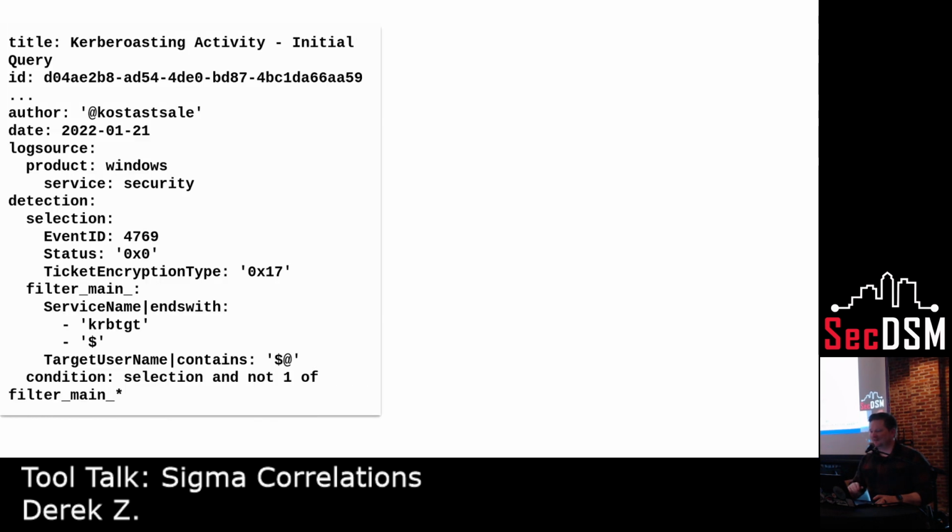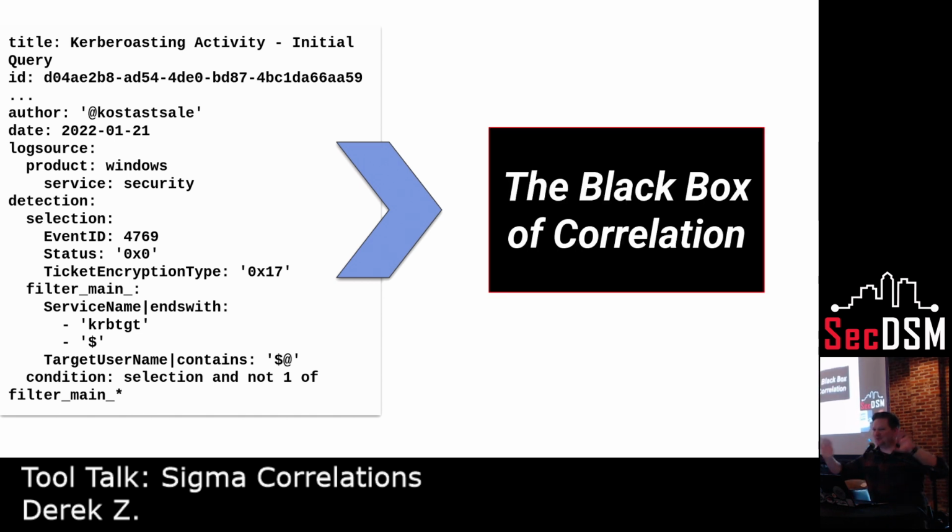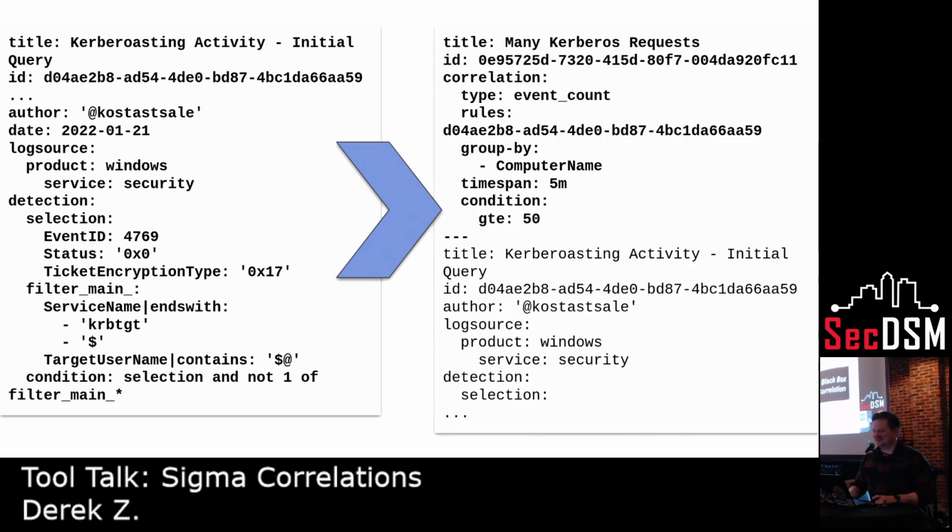What if we took that rule, converted it through the black box of correlation, and we come out with an incredibly simple Sigma correlation rule, where all I literally did, and I don't know if this actually works, again, I wrote this about 30 minutes ago, so do not come at me if it doesn't work. This is the general idea of, I already have a rule, I just added something on top of it, and now it can look through multiple events instead of one event. That's it. It's that simple.